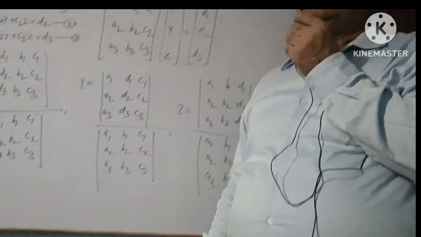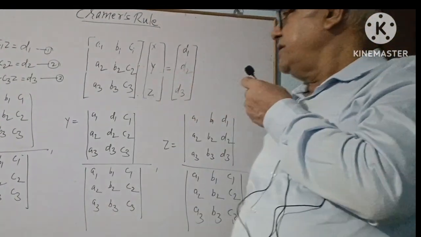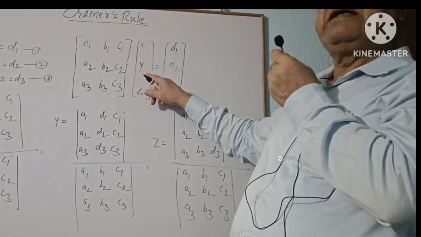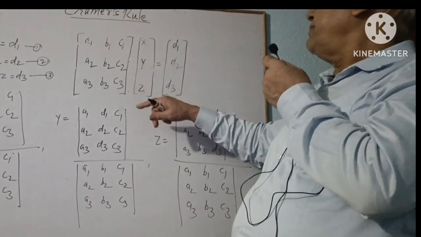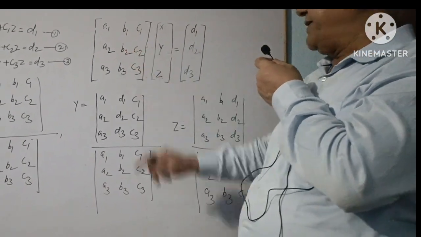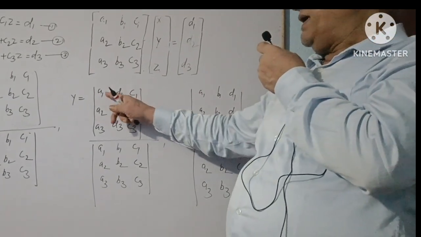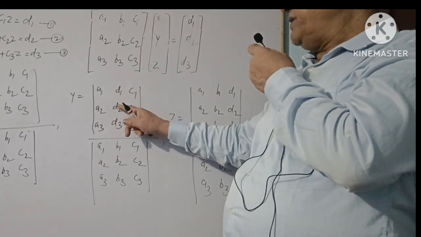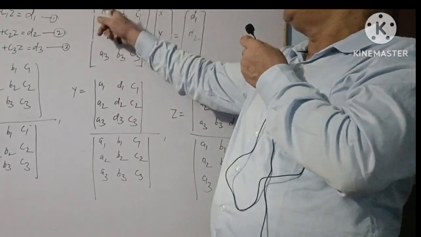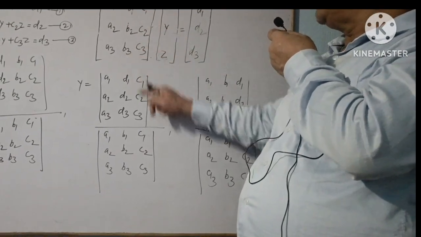Now suppose that we have to find the value of y. Since y is in the second column, d1, d2, d3 will replace b1, b2, b3. That is, we get a new determinant a1, a2, a3, d1, d2, d3, c1, c2, c3, divided by the determinant a1, a2, a3, b1, b2, b3, c1, c2, c3.